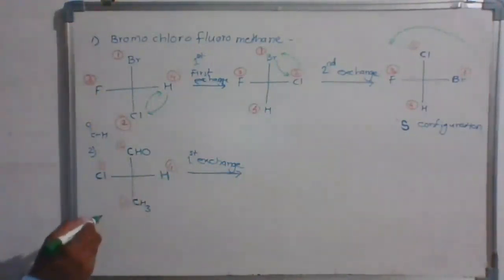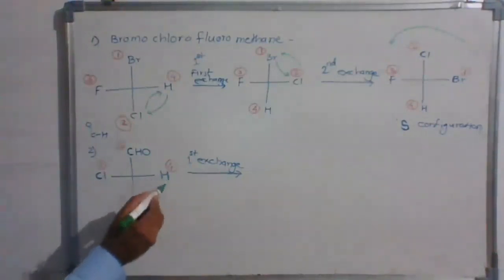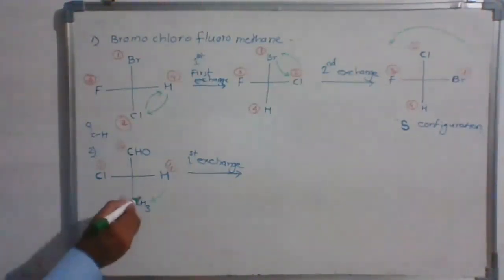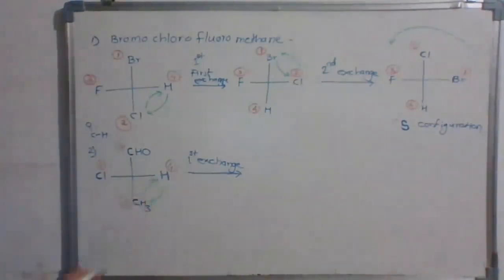Least priority group is taken at bottom. Least priority group is hydrogen, so it will be taken at the bottom. And this methyl will take the position of hydrogen. So this exchange will take place initially.